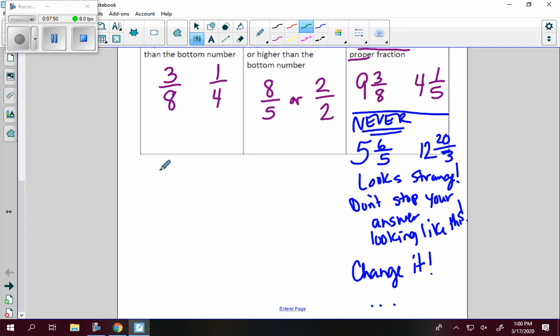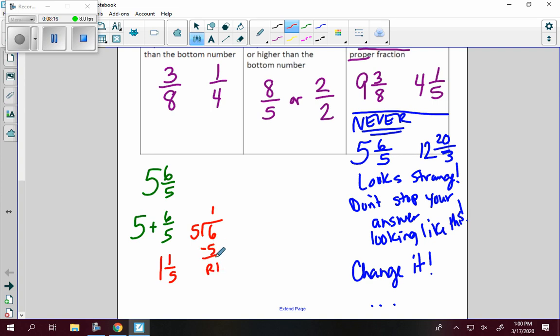If I have 5 6/5, it means I have 5 plus 6/5 of another part. Which means I'm going to change this into a mixed number. So 5 goes into 6 one time with a remainder of 1.